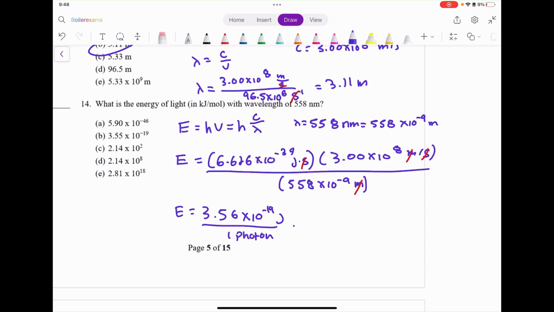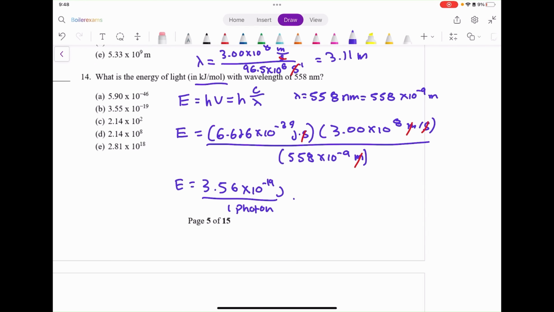So if I want this in kilojoules per mole, I'm going to have to do two things. I'm going to want to go from photons into moles. So I know that in 1 mole, I want that on the denominator. In 1 mole, there is an Avogadro's number worth of particles, in our case photons. And I also know that there are 1,000 joules in 1 kilojoule. So when we do this, the number of photons cancel, joules cancel, you get kilojoules per mole.